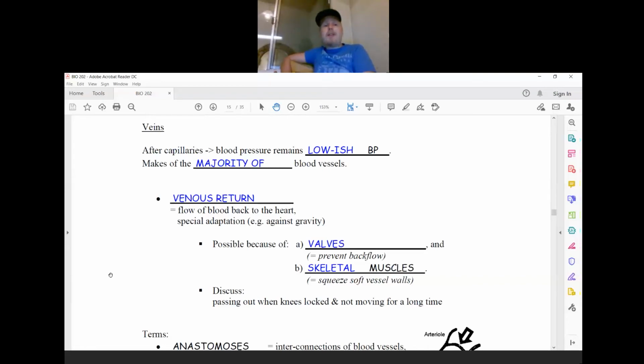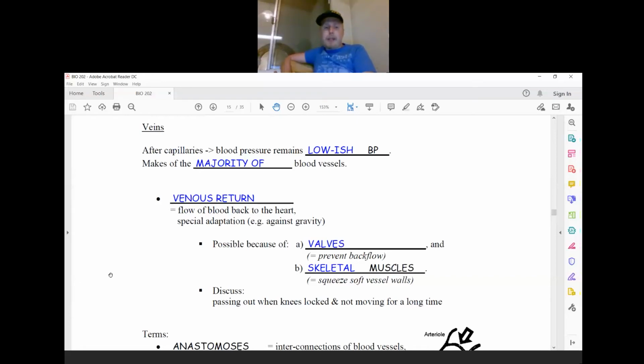So when your valves failed in venous return, you ended up with varicose veins. This was also where we discussed the example of a soldier who stood for a long period of time, for example, in a parade with the knees locked. If we are normally constantly moving a little bit, this allows us to have a venous return working constantly.